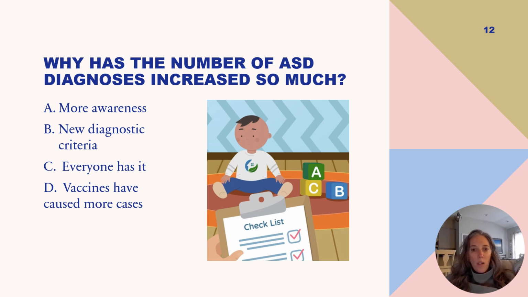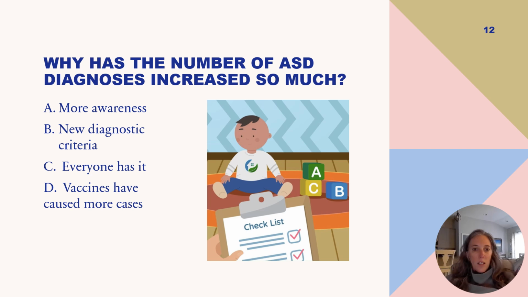Why has the number of ASD or autism diagnoses increased so much? So the prevalence of this disorder has increased a lot, and this was noted in the IRIS modules as well as the presentation by the lecturer.